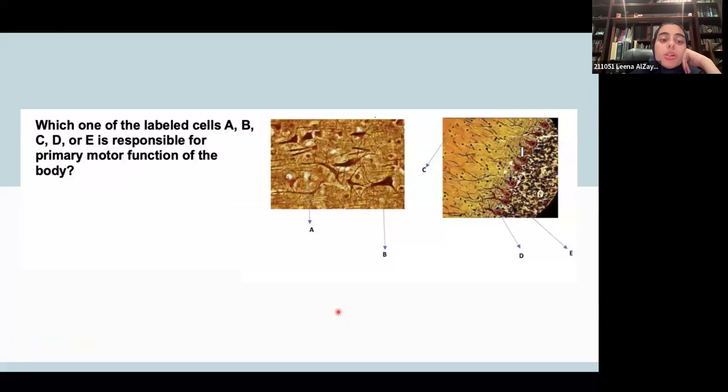Okay. Which of the following cells are responsible for motor activity? So I want you to tell me, what are you looking for? Which cell are you looking for? And which one is it in the picture?